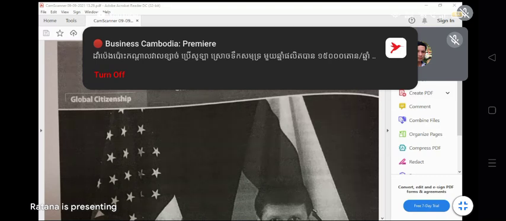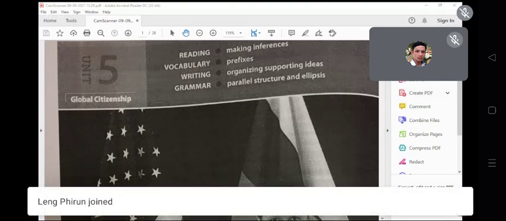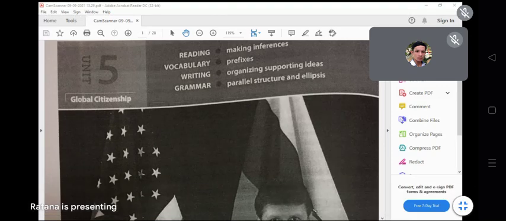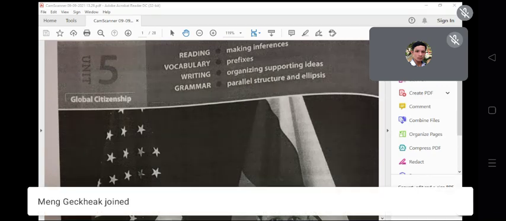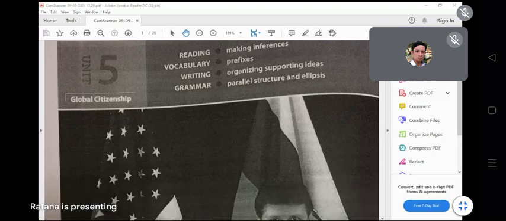And the last one is parallel structures and ellipsis. The parallel structure is very important when you write. It means if you have two or three infinitive verbs, more than one, the form of the words, verbs, nouns, or phrases must be the same.